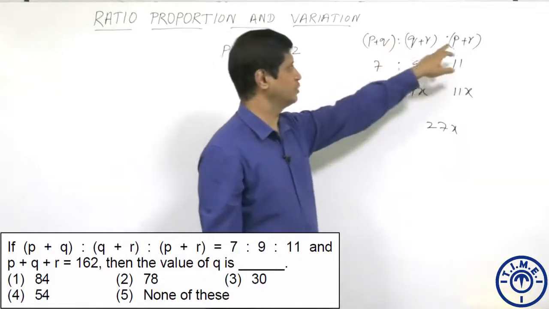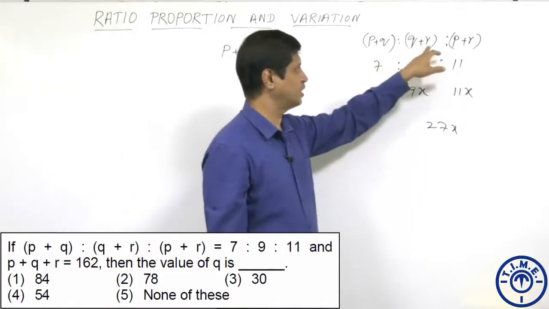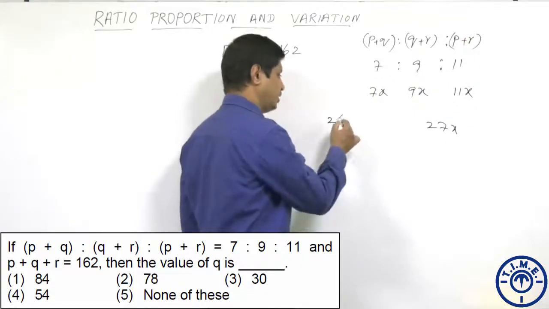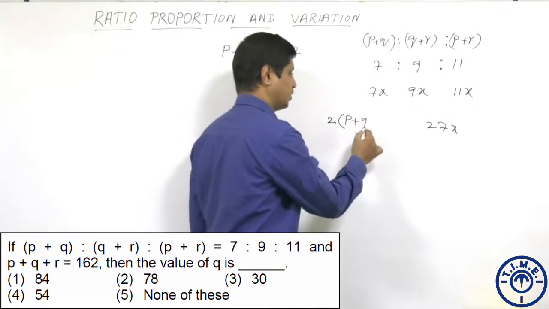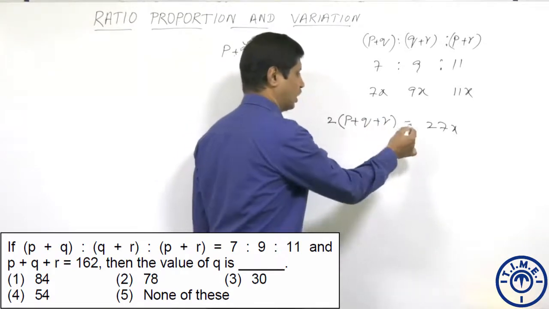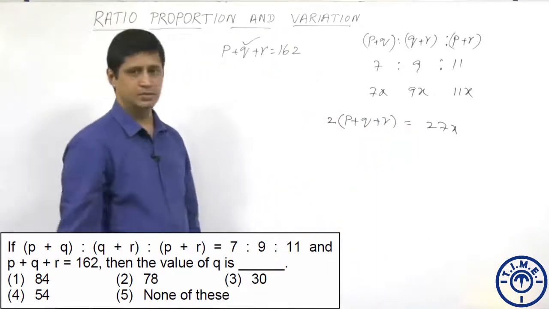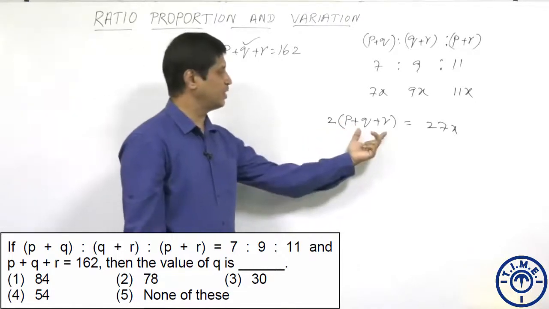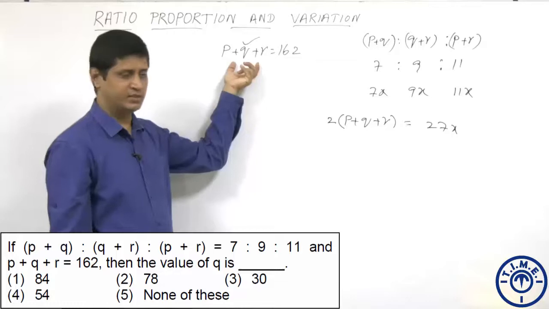Here p appeared 2 times, q appeared 2 times, r appeared 2 times. So 2 times p, 2 times q, 2 times r. By taking 2 common, the result is 2 of p plus q plus r. P plus q plus r is given here as 162.